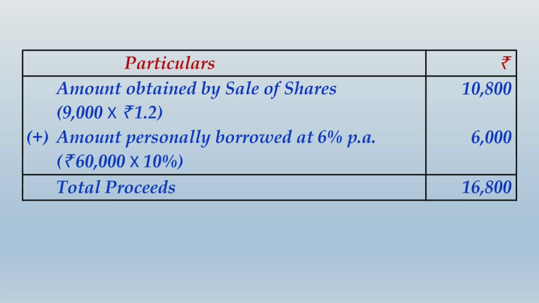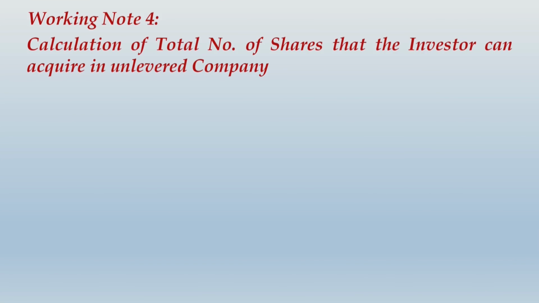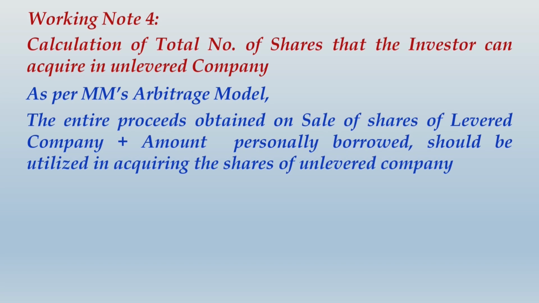Alright friends, after this working is done, let us move ahead, and now what we do is calculation of total number of shares that the investor can acquire in unlevered company. As per MM's arbitrage model, the entire proceeds obtained on sale of shares of levered company plus amount personally borrowed should be utilized in acquiring the shares of unlevered company.